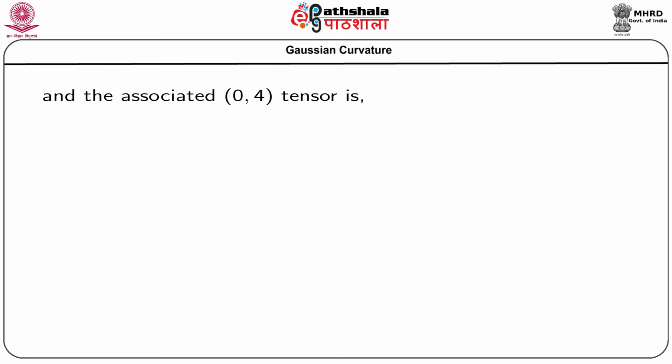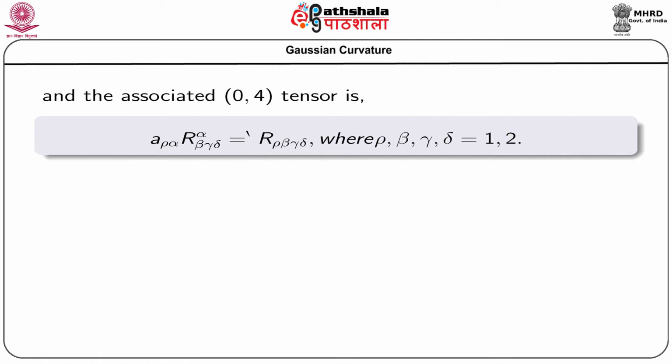Now, from this R alpha beta gamma delta, which is a tensor of type 1 3, we can get the associated tensor of type 0 4 by the inner product with a rho alpha.